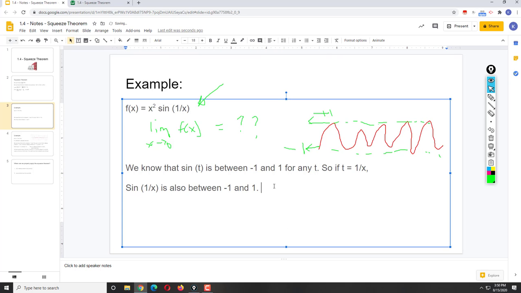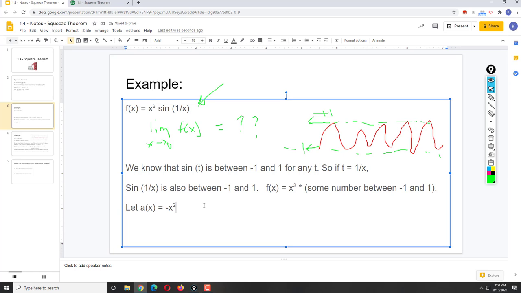So that means that f of x is equal to x squared times some number between -1 and 1. That's what it really means. Then, we can let a of x be equal to -1 times x squared, which is just -x squared.